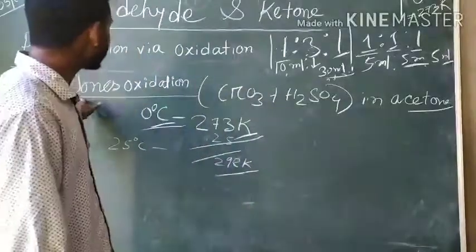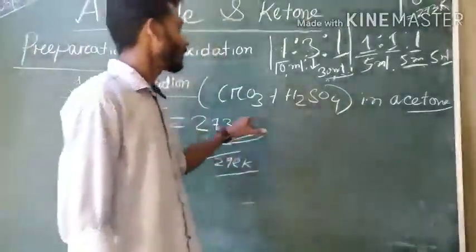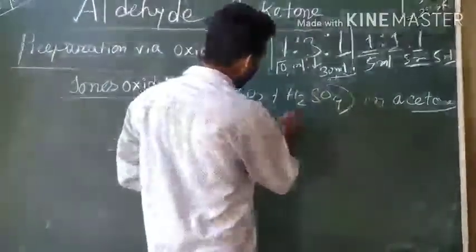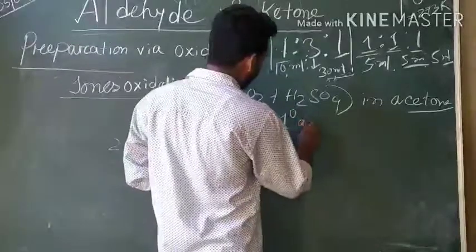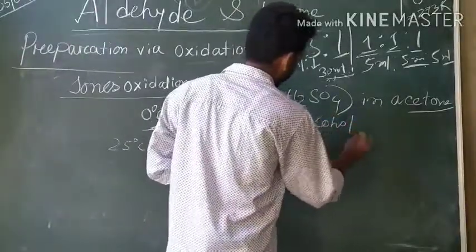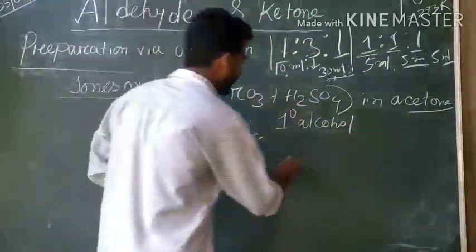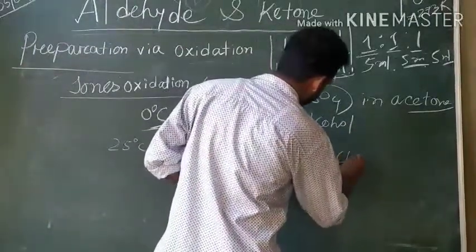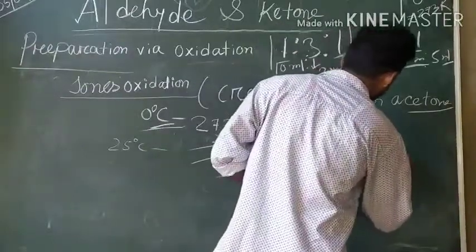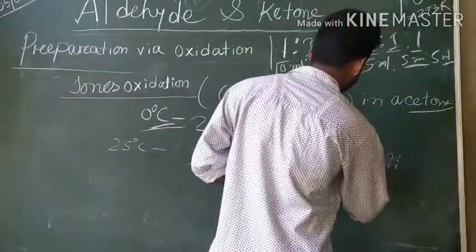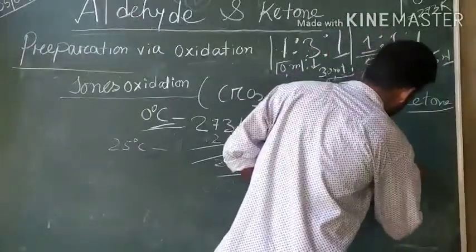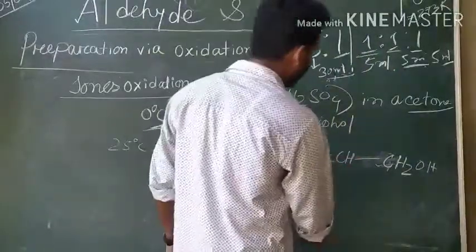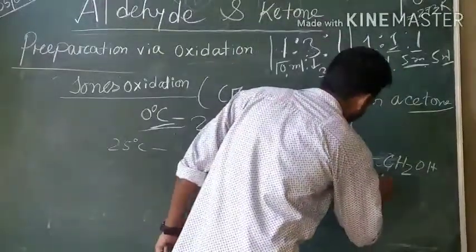So Jones reagent is widely used because it is primarily used for primary alcohol and especially for allylic alcohol. This allylic alcohol will oxidize.